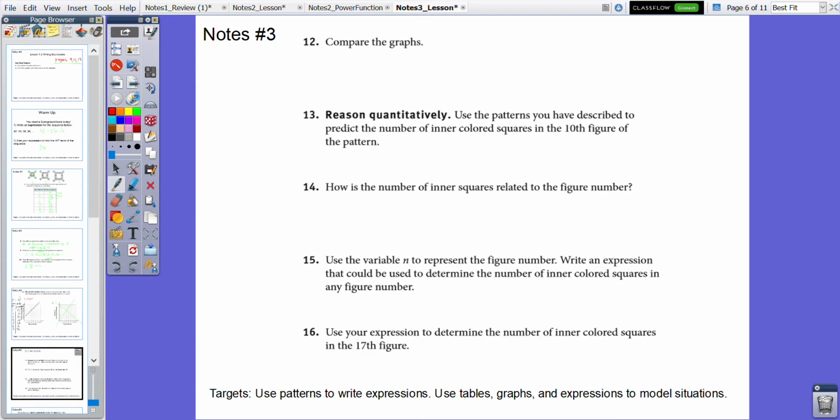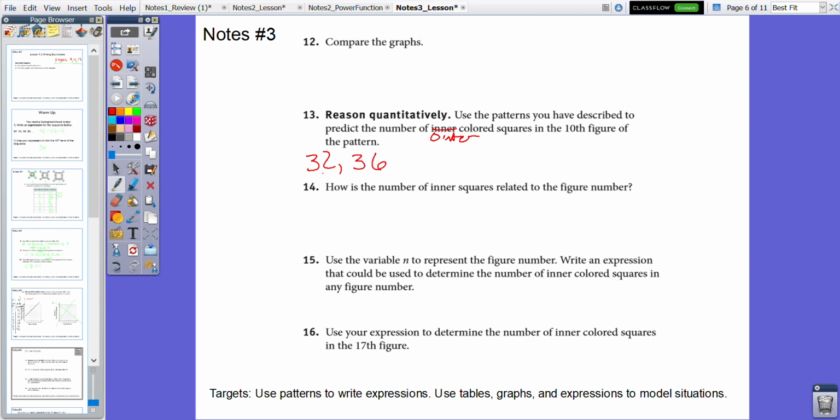Not going to worry about comparing the graphs. Use the pattern you've described to predict the number of inner colored squares in the 10th figure. Well, let's look at the outer figure. Once again, we're concerned only about the outer figure here. If we were to keep going with that pattern, let's say we started at 32 and we ended up at 36.